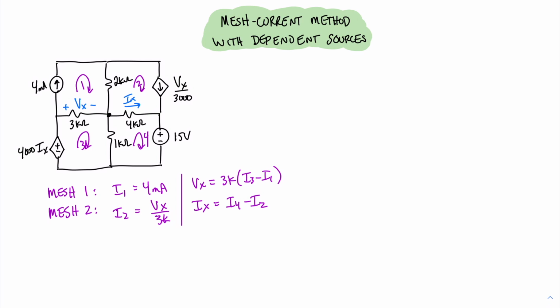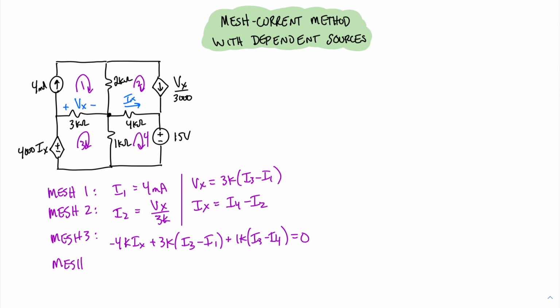All right, so now let's move on to our other 2 meshes. We have a third mesh, mesh number 3. For that, we can start with minus 4K times Ix, plus 3K times (I3 minus I1), plus 1K times (I3 minus I4), and that must equal 0.